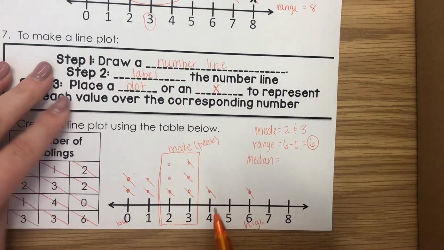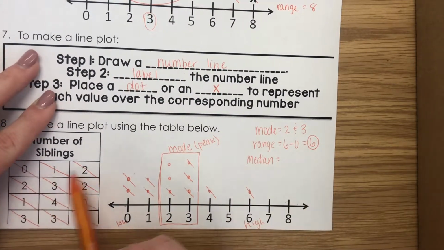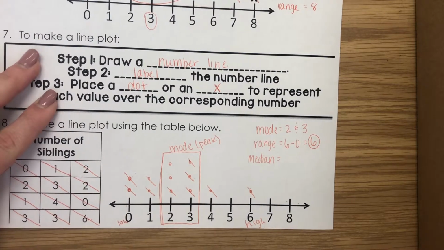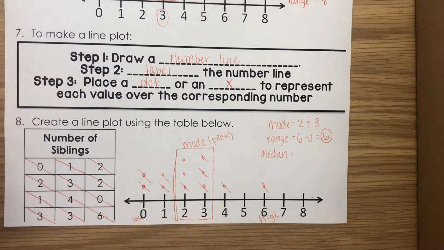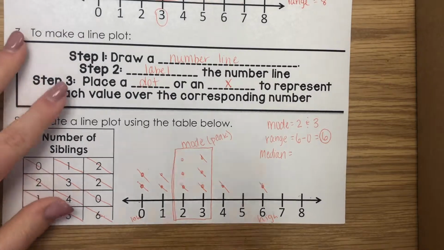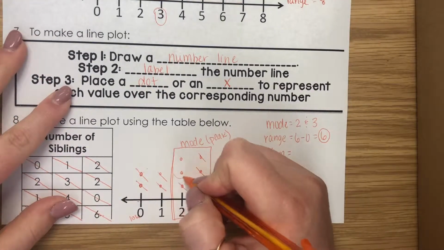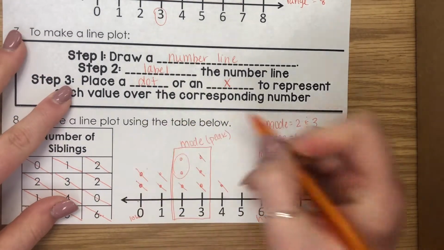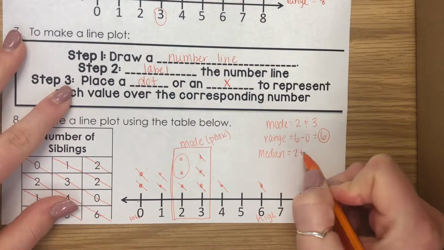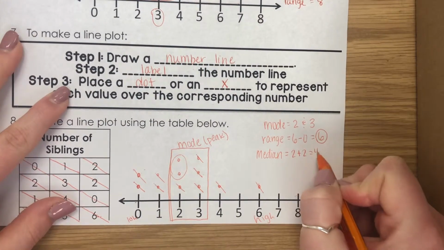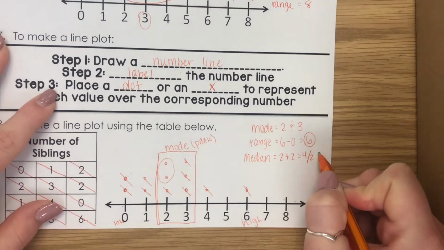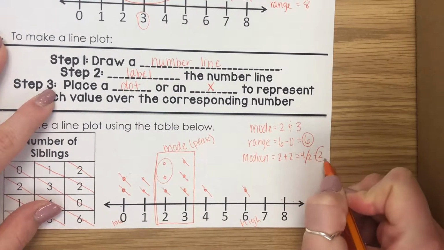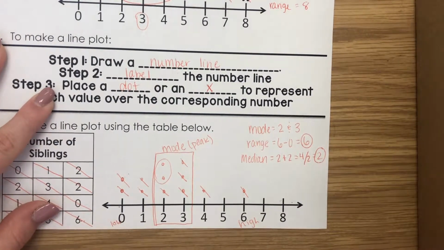And if we count our data values, we have 1, 2, 3, 4, 5, 6, 7, 8, 9, 10, 11, 12. So it should make sense that we have 2 medians, because with an even number of numbers, we should get 2 numbers in the middle. So if they're both at 2, 2 plus 2 is 4, and if you divide by 2, that equals 2. So our median is 2.